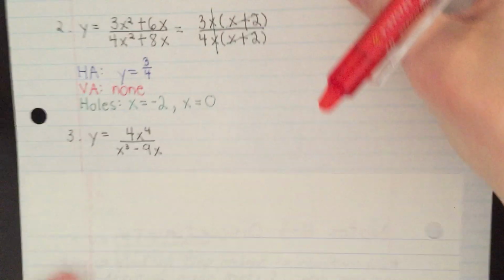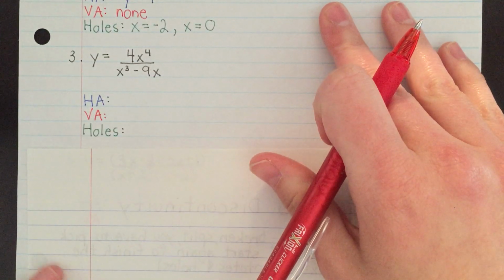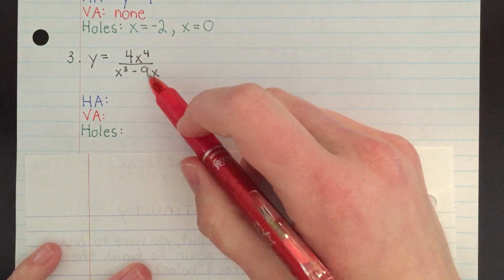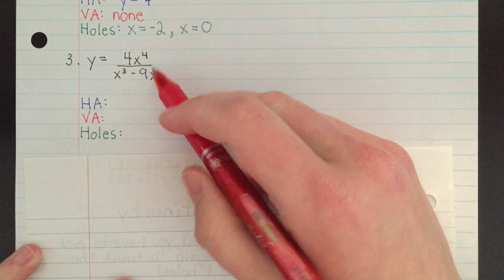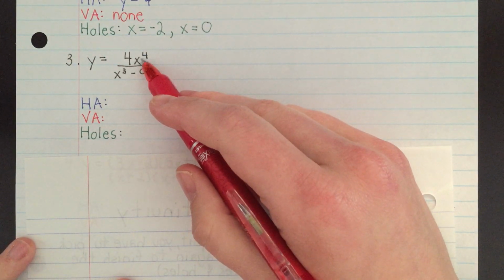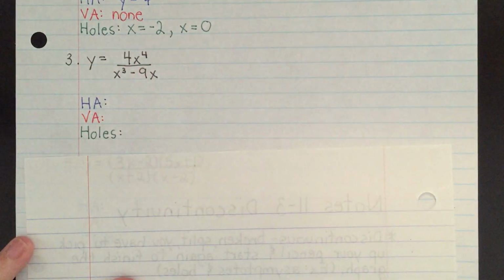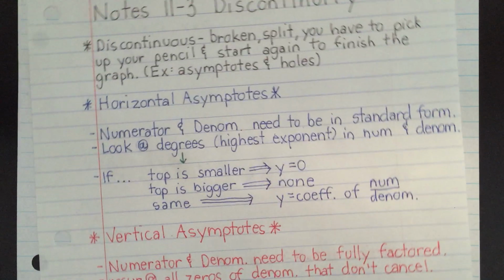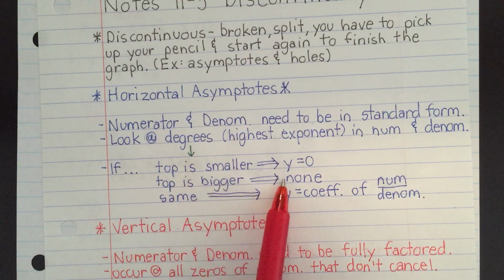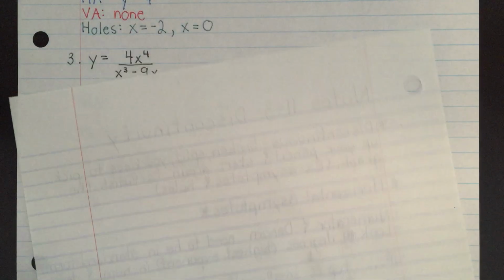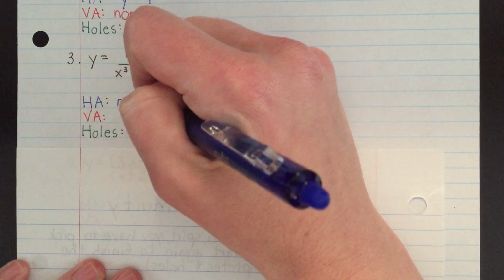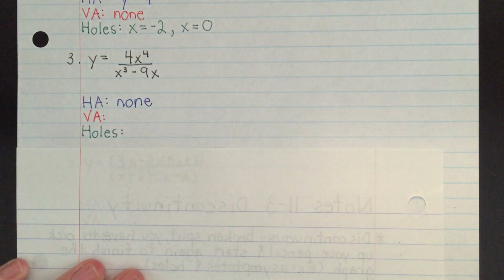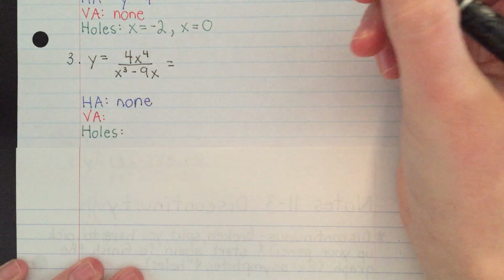On example number 3, they are both in standard form, both the numerator and the denominator, and looking at this one, my numerator degree is bigger than my denominator degree, so when the top is bigger, I have no horizontal asymptote, so none on that one. Now in order to find vertical asymptotes and holes, I need to factor top and bottom.